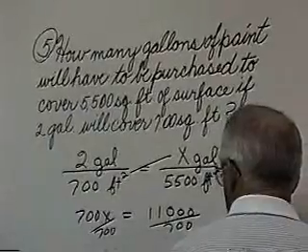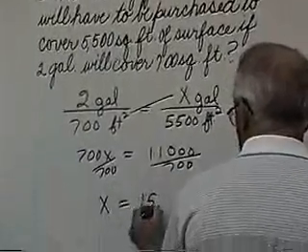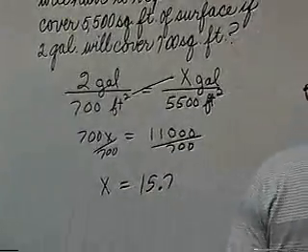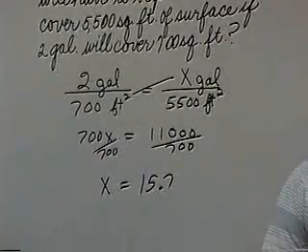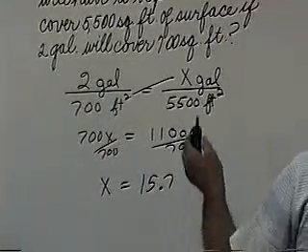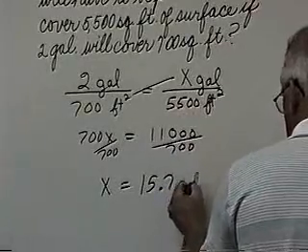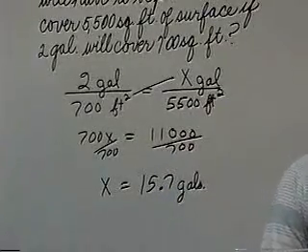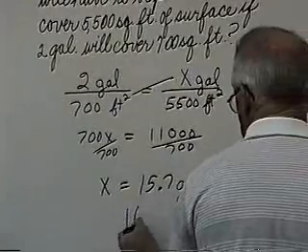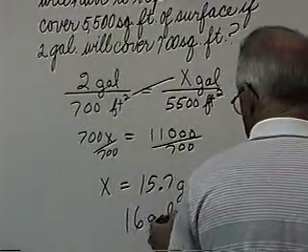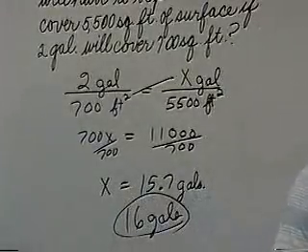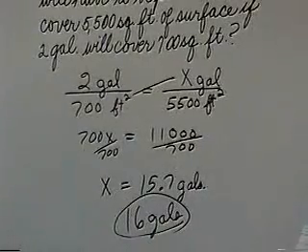And so x comes out to be 15.7. Now wait a minute, 15.7 what? We'll go back up here. x is gallons, so this is gallons. So approximately you would have to buy 16 gallons to be able to do that painting job.